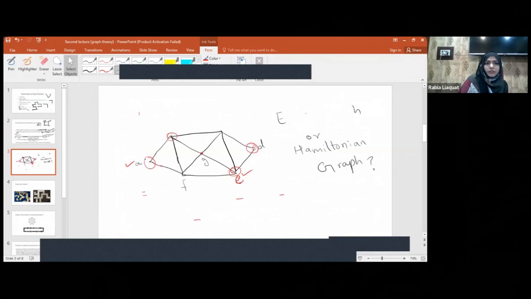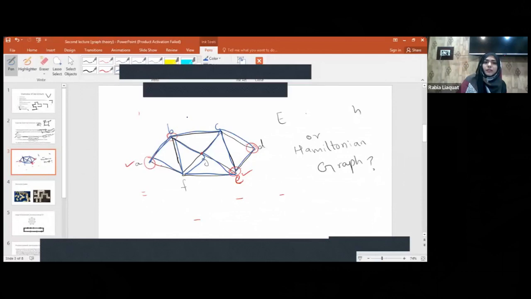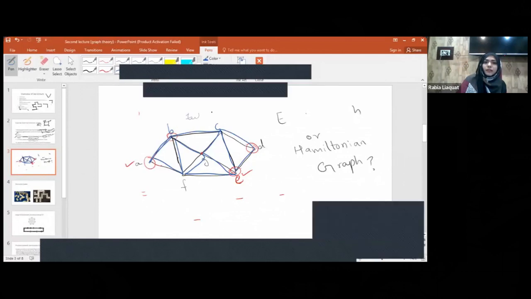We can see A to B, B to C, C to D, D to E, E to C, C to G, G to E, E to F, F to G, G to B, B to F, and F to A. You can clearly see that every edge comes only once. So this is Eulerian graph.